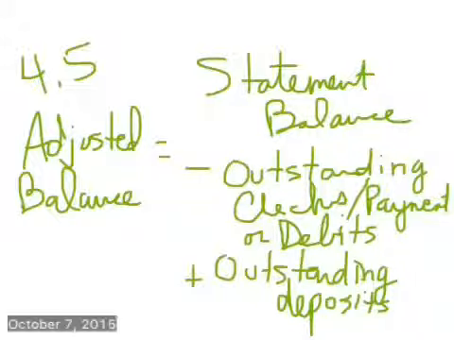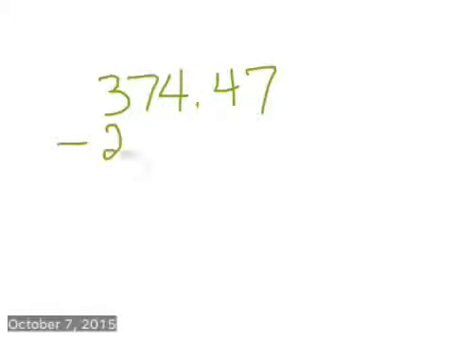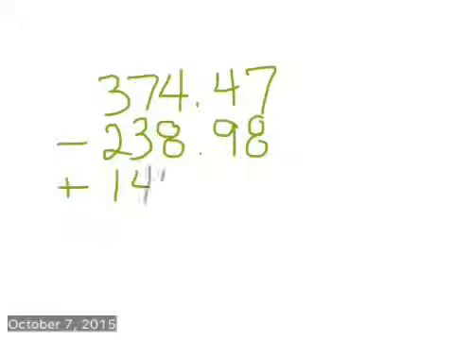So, number one has on there your statement balance is $374.47. You had outstanding checks of $238.98, but you had an outstanding deposit of $140.